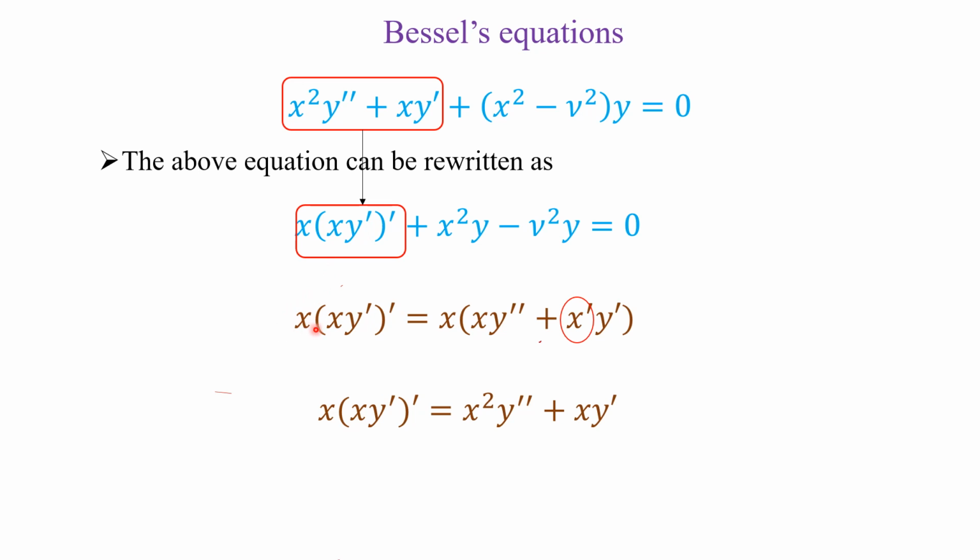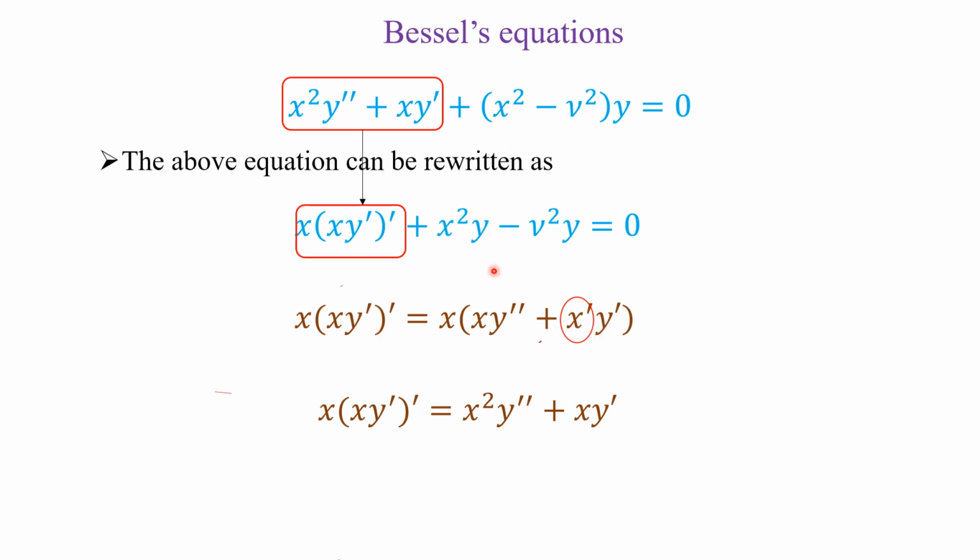So you take (x y prime) prime. That is the derivative of x y prime. So what you will do, first you keep x as it is and differentiate y prime. So the first term will become x y double prime, plus next you differentiate x, so x prime, and you keep y prime as it is.